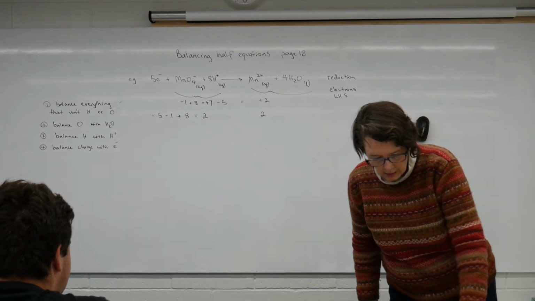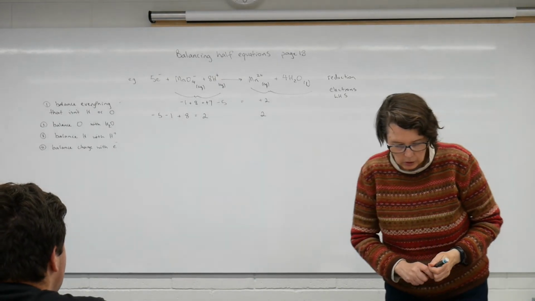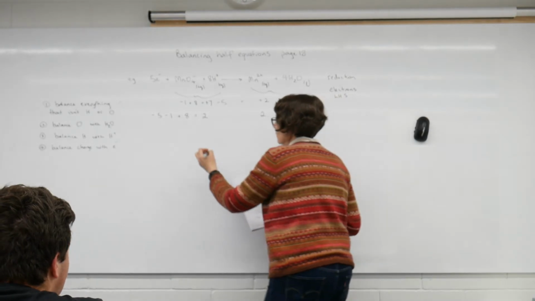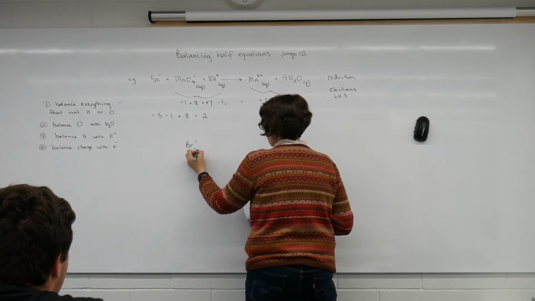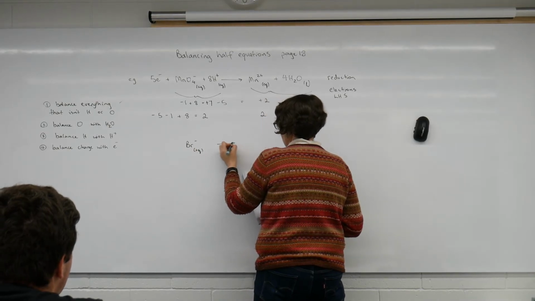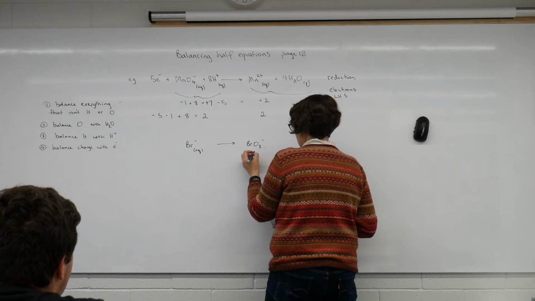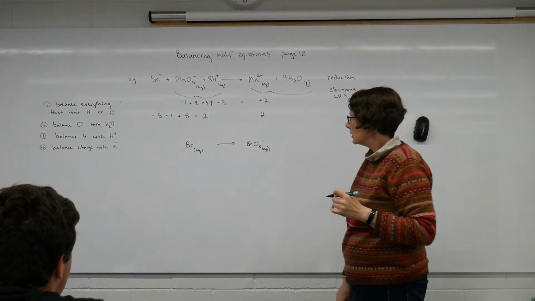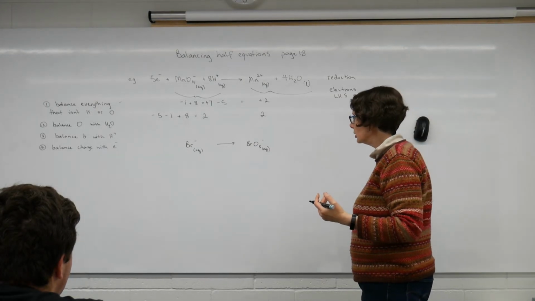Let's have a look at another one. So if we look at example 2, we're asked to balance the oxidation half equation where we've got the bromide ion. Okay, so we're looking firstly at everything that's not hydrogen or oxygen.